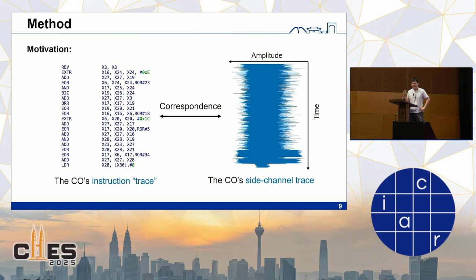Our motivation is quite simple: in a software implementation, the program instruction flow has some correspondence to the side channel traces. If we can find a way to build a mapping between these two kinds of information, maybe we can locate the CO in the traces by locating the CO in the binary, right?